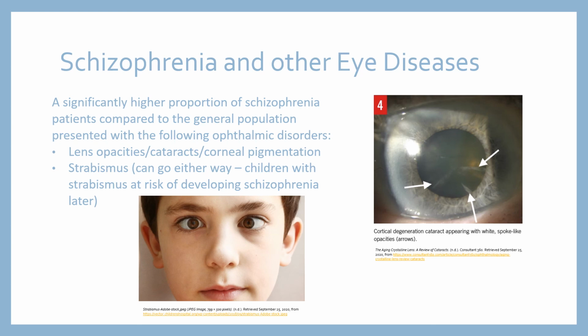And the second point is the relations with strabismus. Children with strabismus, which is a misalignment of the eyes, can develop schizophrenia later. And also those with schizophrenia are at a higher risk of developing strabismus.